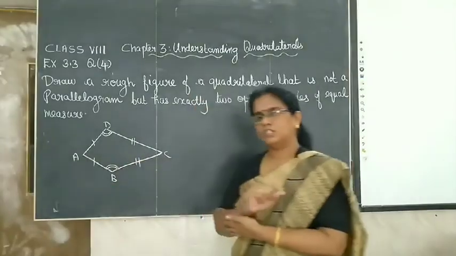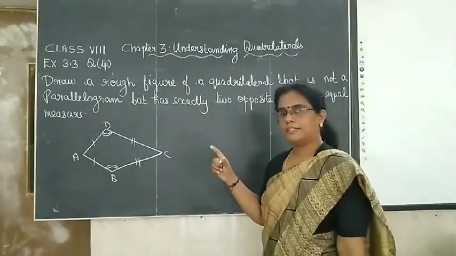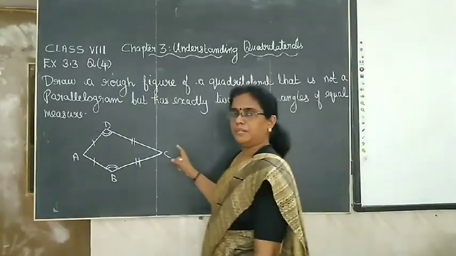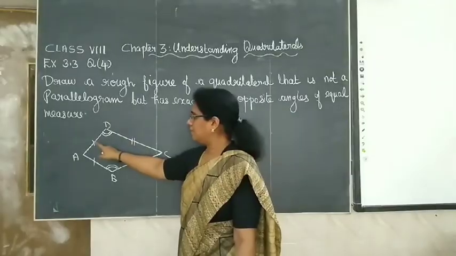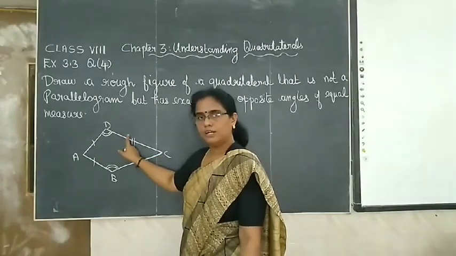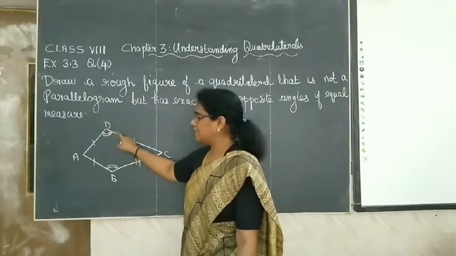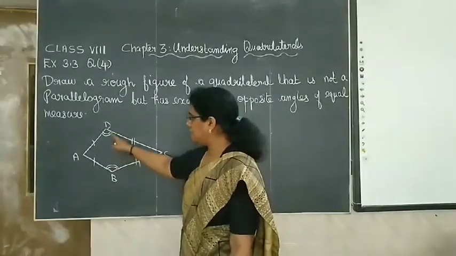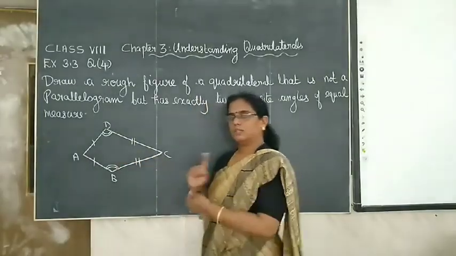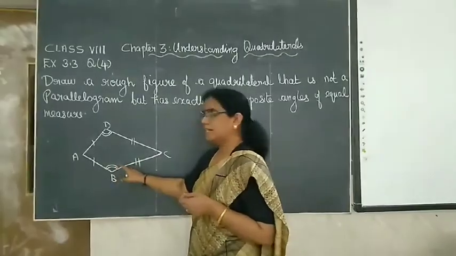Adjacent sides are equal. And another property of a kite is that the angles between unequal sides are equal. Here, when you take these two sides, they are not equal. The angle between these unequal sides, that is this angle and this angle, are equal.